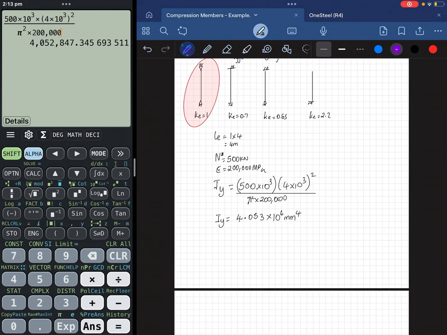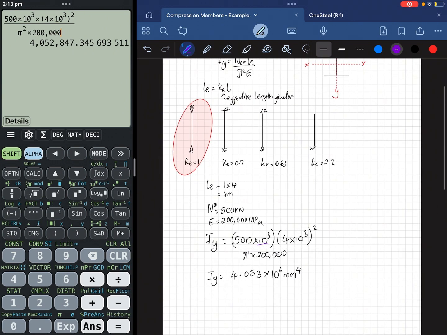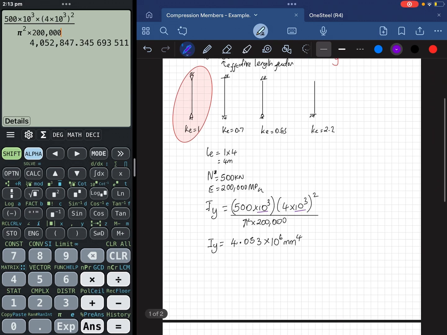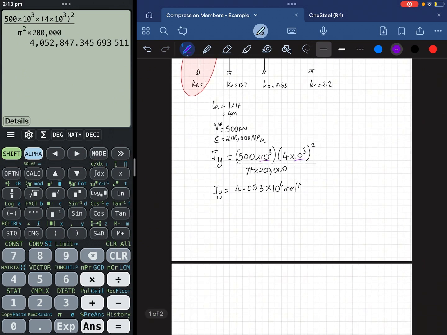Now, in case you're wondering why I got this from here, times 10 to the 3 times 10 to the 3, it is because a lot of people get confused with the units when they're working with these sort of equations. Typically we want to work in newtons and millimeters in the equations, and then at the end we can convert to kilonewtons or kilonewton meters when you're calculating moment.